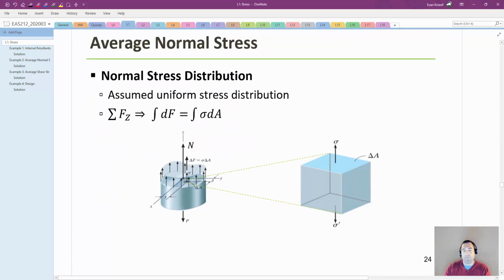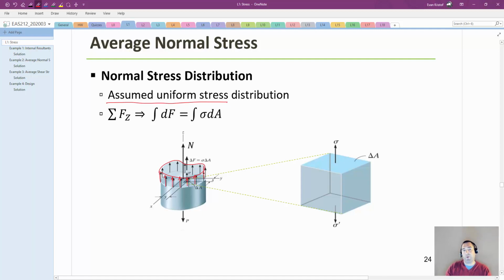And for a pure axial load, we can assume that there's a uniform stress distribution for now. This is a big assumption. If we look at the distribution of the stresses on that cross section, you can see that all of these arrows are the same magnitude.